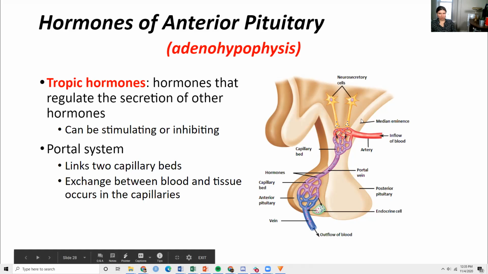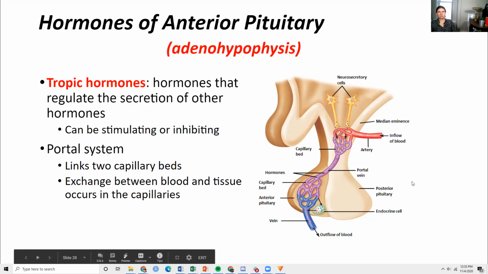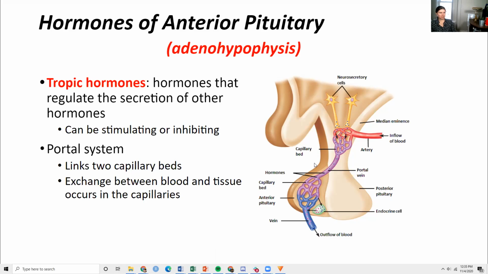So those hormones from the hypothalamus are tropic hormones. They can be stimulating or inhibiting, but their job is either to tell the anterior pituitary to release this, or stop the anterior pituitary from releasing this. So this portal system in between communicates that signal from the hypothalamus using these tropic hormones to the endocrine cells of the anterior pituitary.